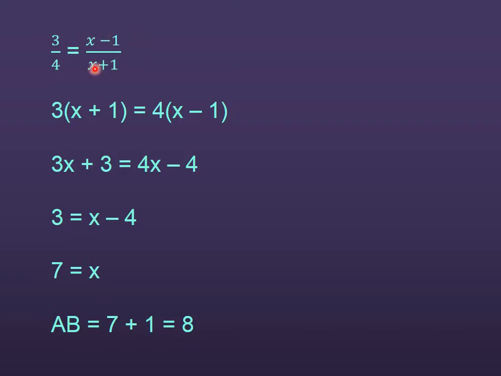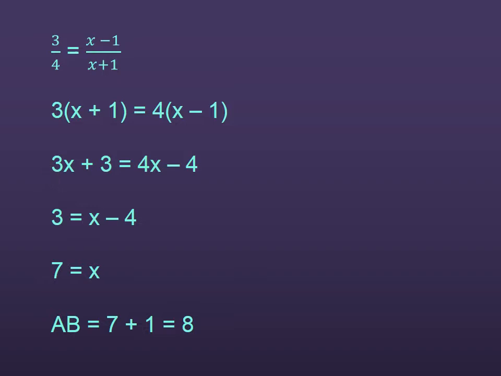When we cross multiply, we get 3 times x plus 1 on one side equals 4 times x minus 1 on the other side. Using the distributive property, 3x plus 3 equals 4x minus 4.